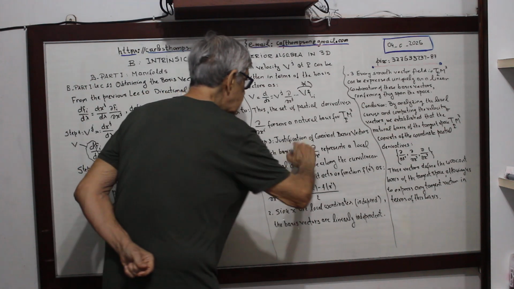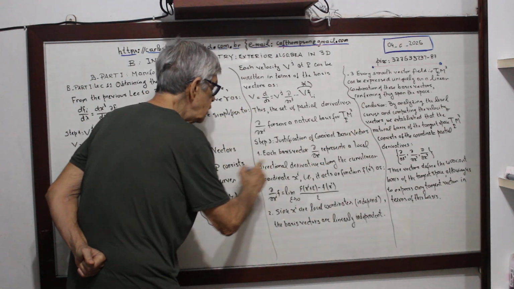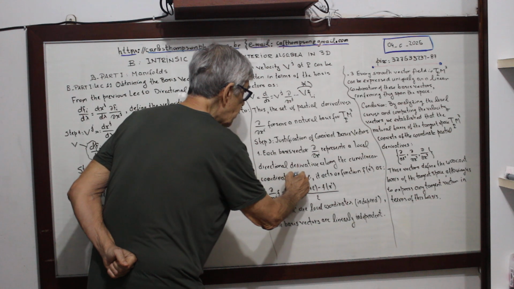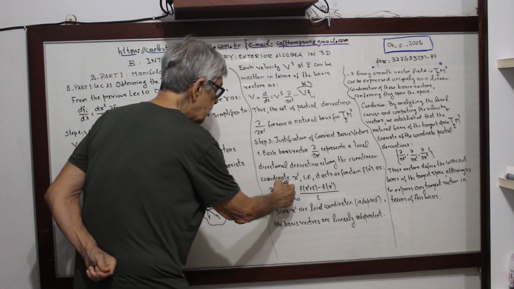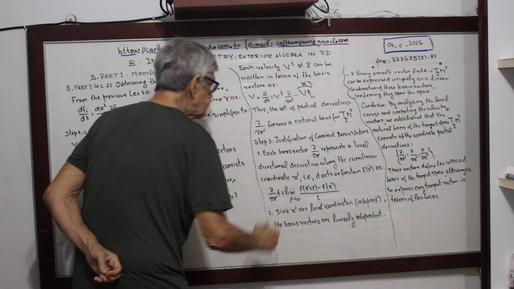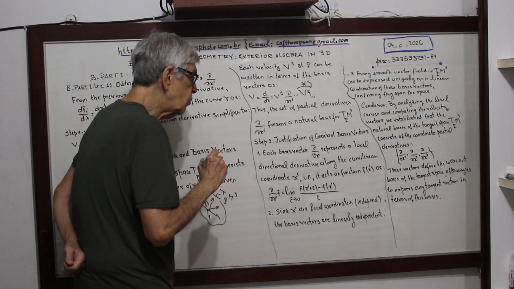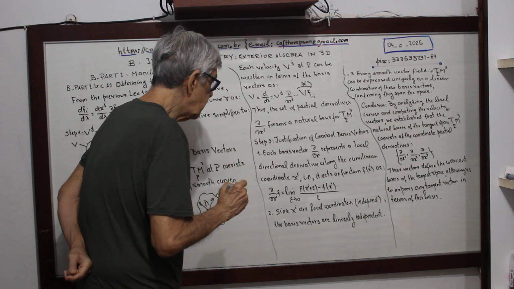Now, a justification of this: each base vector represents a local directional derivative along the curvilinear coordinate xi. Don't forget, xi is a curvilinear coordinate, okay?